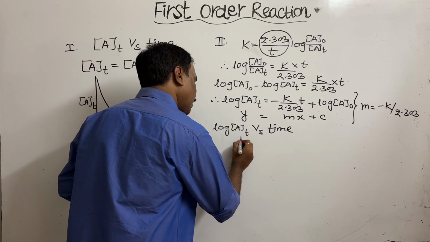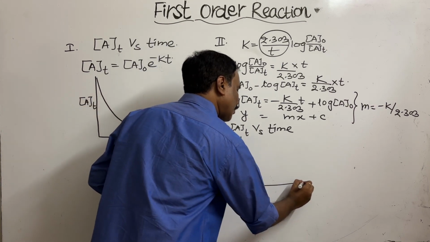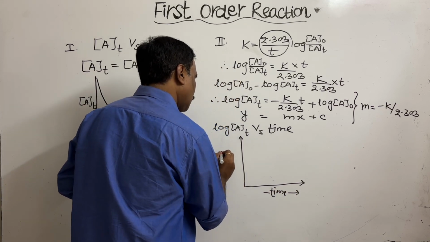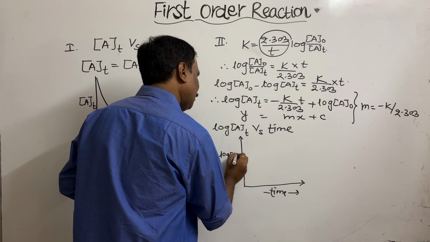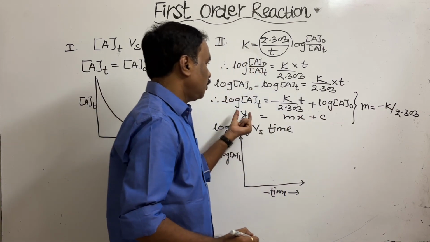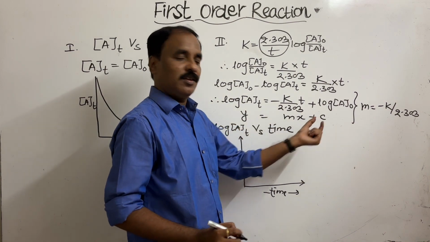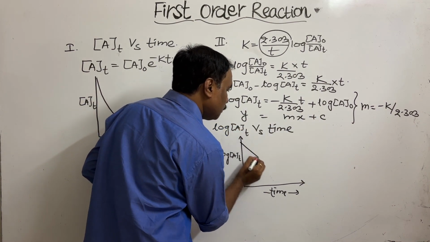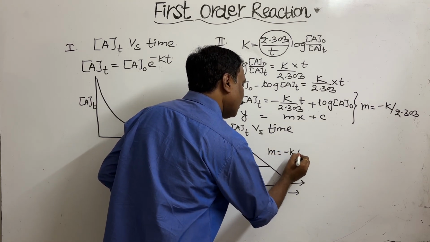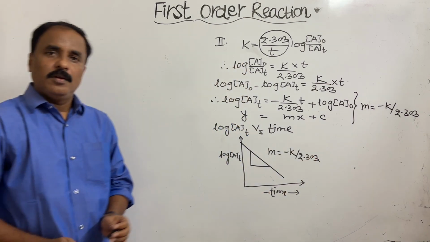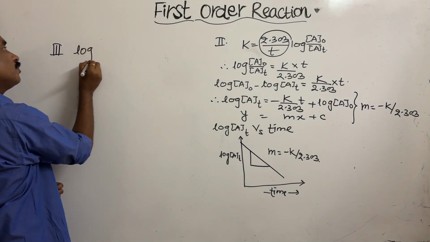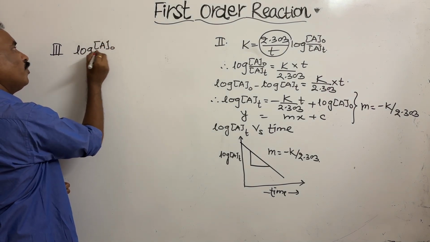And on x-axis again I will take time, and on y-axis log of AT. यहाँ पर स्लोप नेगेटिव है, slope is negative. This is a straight line equation, y is equal to mx plus c, and the graphical representation will be like this. slope होगा, यहाँ पर slope m is equal to minus K upon what? 2.303.